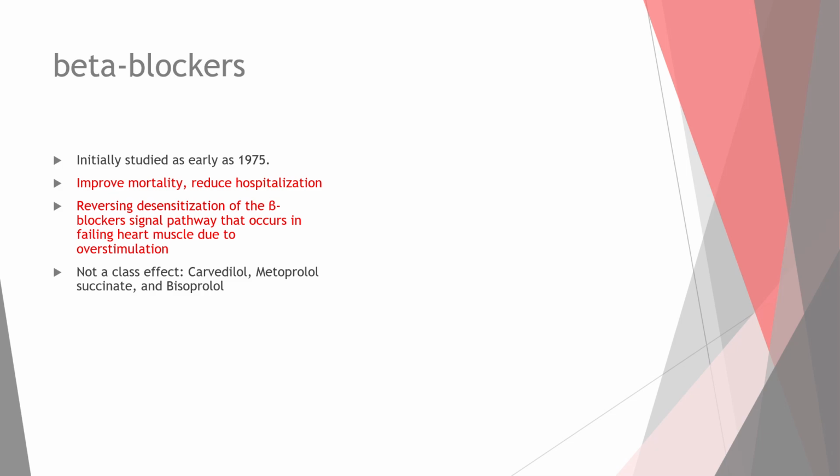It's not a class effect. You all should know carvedilol, metoprolol, and bisoprolol are the ones that have been shown to have morbidity and mortality protecting effects. In an acute decompensation, it is recommended that we continue beta blockers unless there's a concern of shock state or a low flow state.